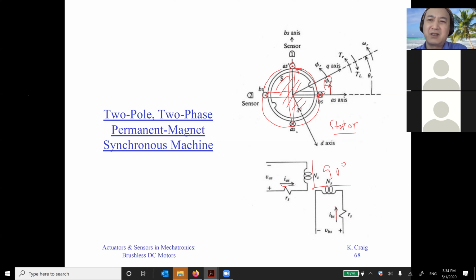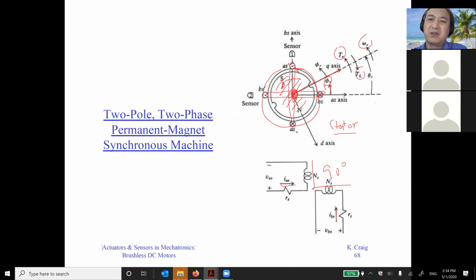This Q moves as the rotor moves, and that movement is phi R. And of course, on this shaft, you connect the load torque, with speed omega R.